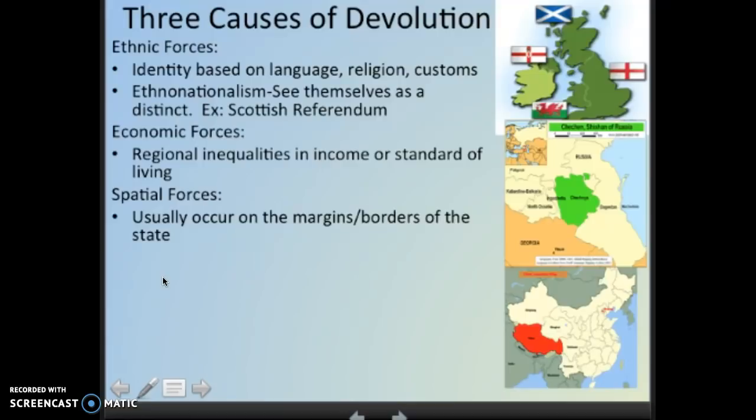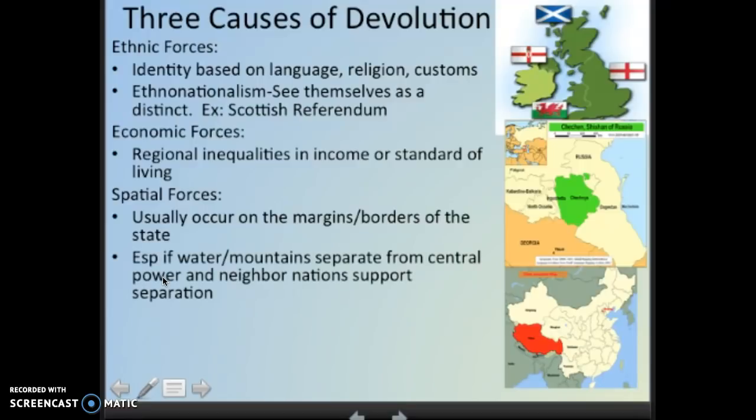The GDP is lower, the purchasing power parity is lower in that part of China. So you might see that the people of Tibet want more power or autonomy of decision making in that region. So again, spatial forces, which would be geographical, economic, and ethnic differences, would cause a unitary government to want to give some power to the regions to keep them happy, but still keep them a part of the overall country.